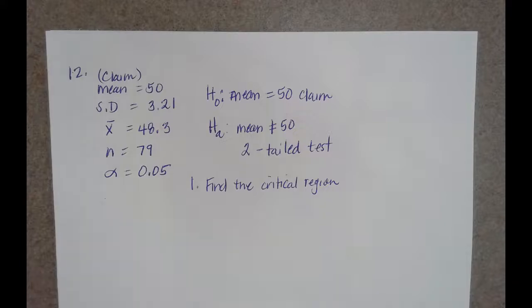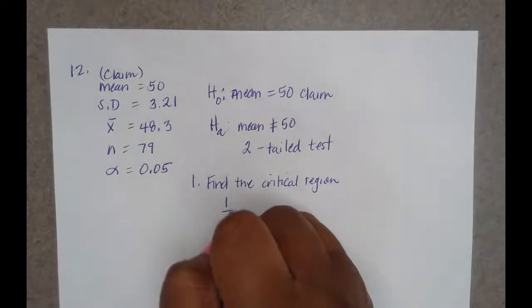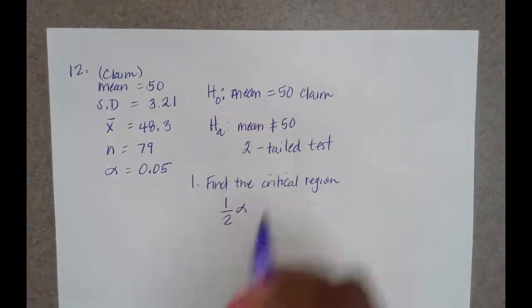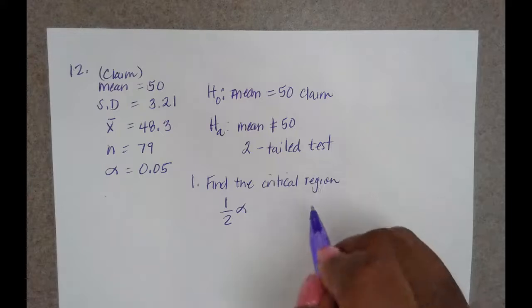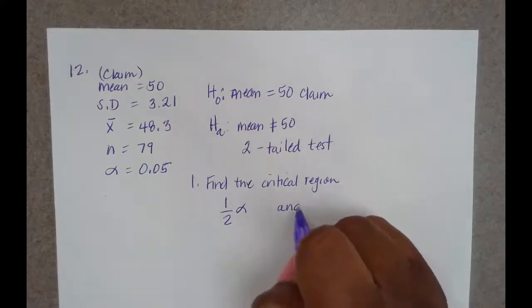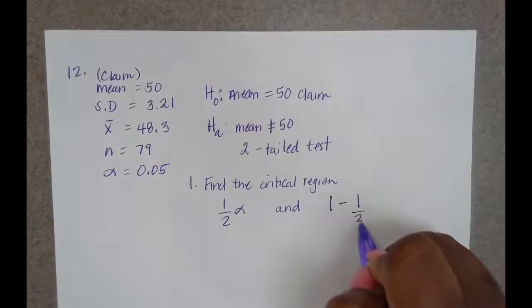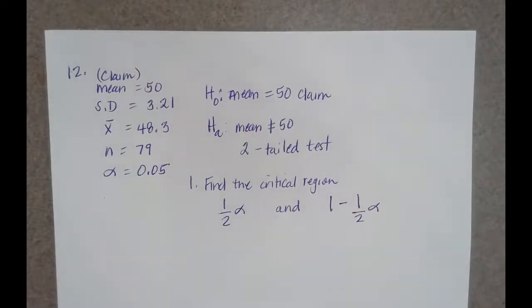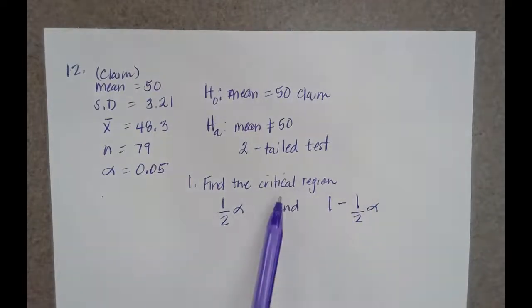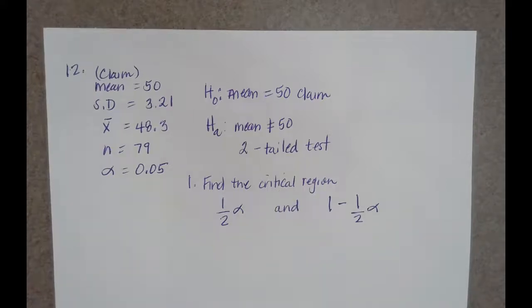I know that the critical regions are in two places. One of them is 1/2 of alpha, and the other is 1 minus 1/2 of alpha. Remember, this critical region is on the two-tail test.